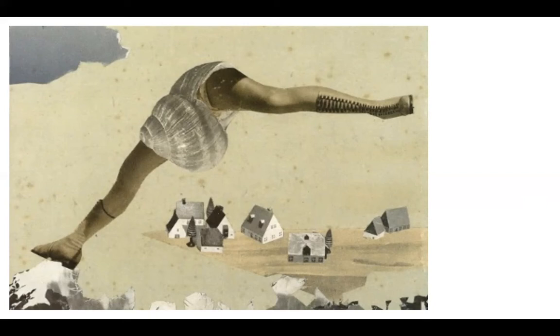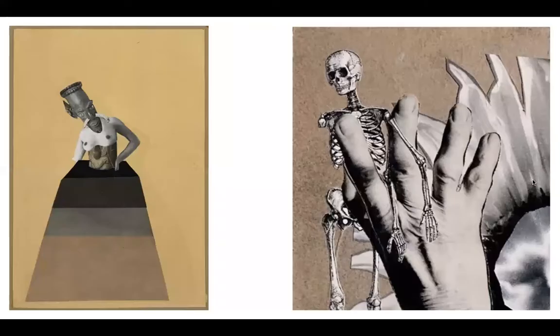Cut with the Kitchen Knife is an explosive amalgamation of cut-up images, bang in the middle, the most well-known photograph of the seminal first Dada fair. So she was really the only woman to show as a Dada artist. She was, I believe, the partner of Raoul Hausmann, who we will see next, but she was never treated quite fairly, although she was able to show her artwork, which was unusual.